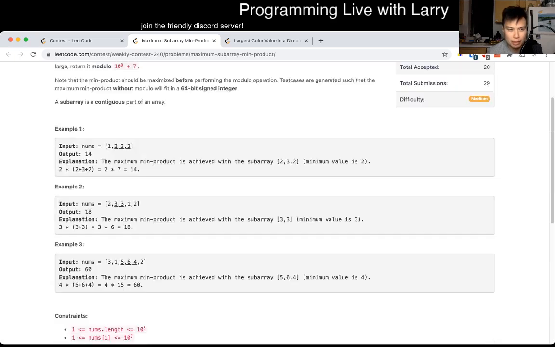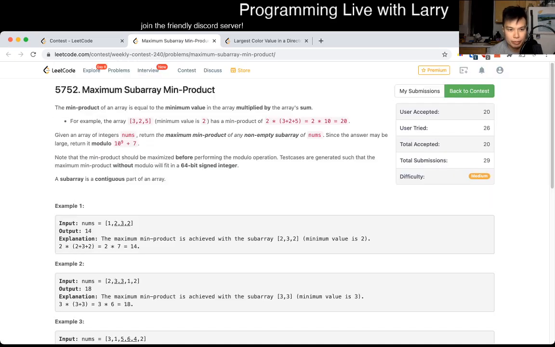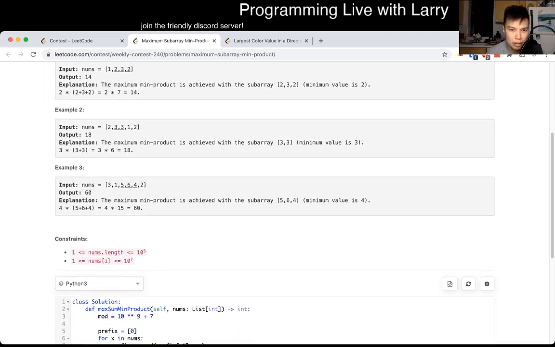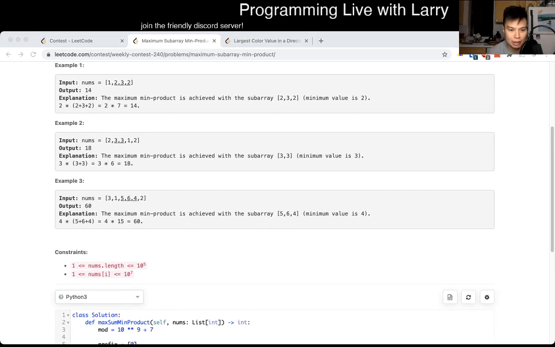Do I need to prefix sum? Yeah, okay. And then the min on the left. Do I want a max stack or a min stack?